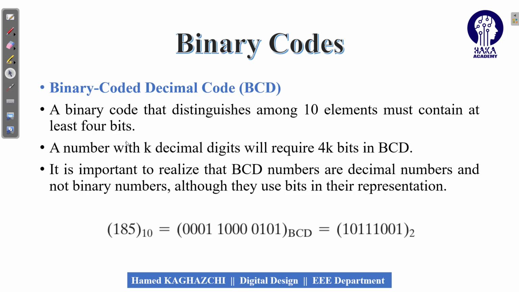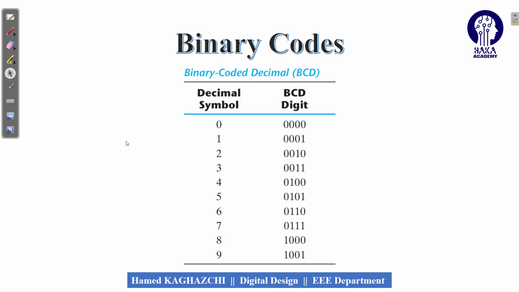So we call this 4-bit binary the BCD code. How can we do it? Using this table that you can see, we represent 0 up to 9 using 4 bits.